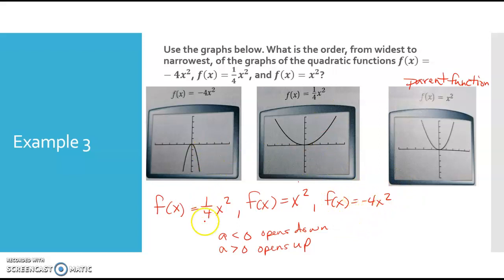The other thing I notice, if we look here, this is our most basic shape. And the 1/4 got pretty wide, whereas the negative 4 was actually pretty skinny. And so if we were to do this with a lot more, then what you would notice is that if a is greater than 1, then it's narrow. But if a is between 0 and 1, then we are wide.